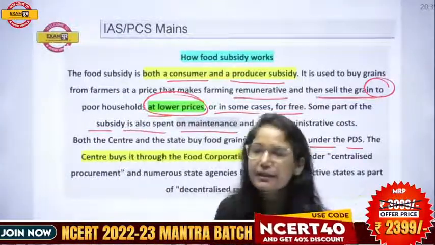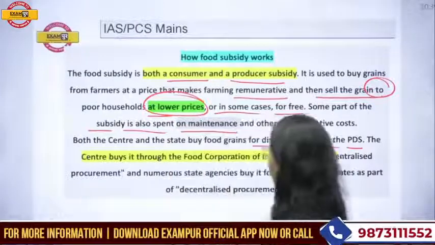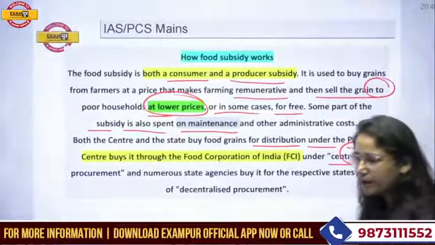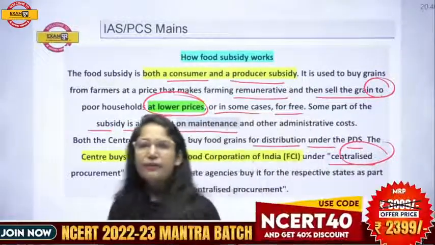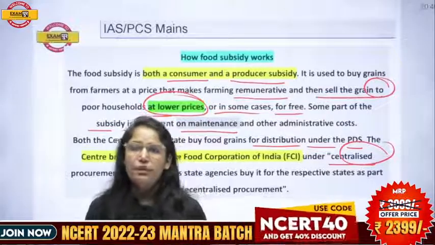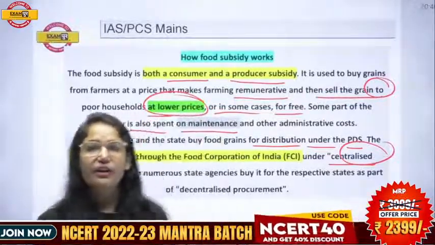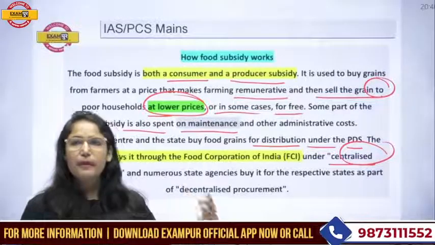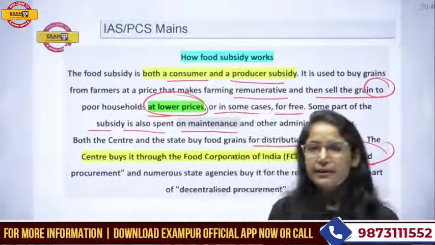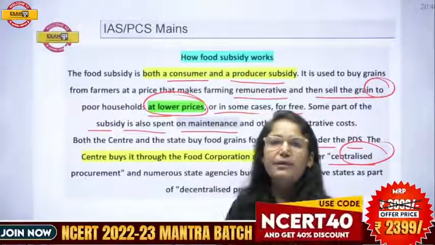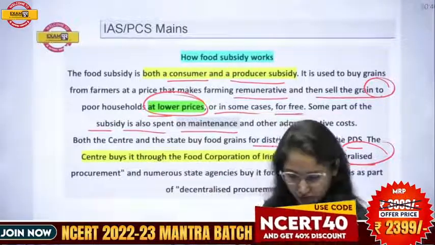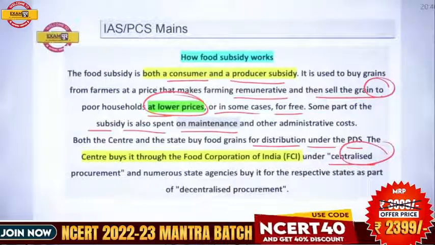Things are assessed with the help of CACP, which came into the picture in 1965 to measure cost and prices and to decide on what basis MSP has to be calculated. So this is what we are talking about.